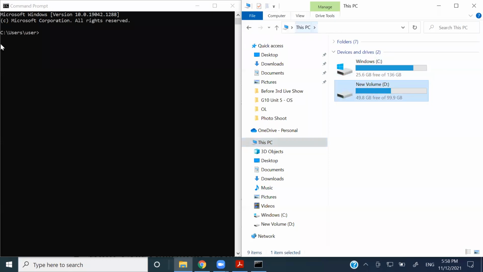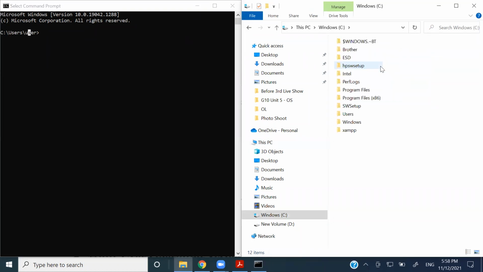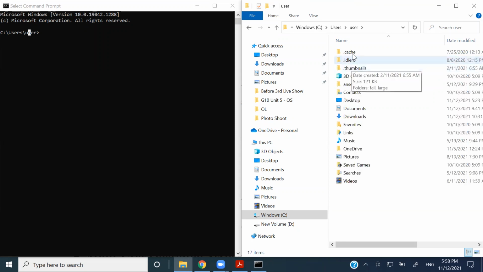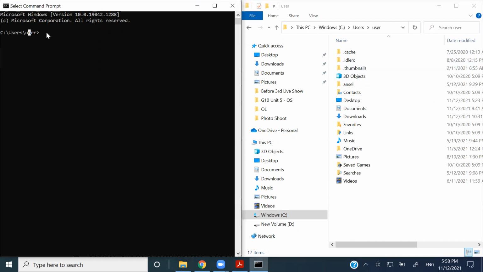Right now here in the command prompt, I am in the place which is called C users user. That means I'm inside the C drive. Inside the C drive, there is something called users. And inside this, there is a particular folder called user. Right? So this is the place where this particular command prompt is.